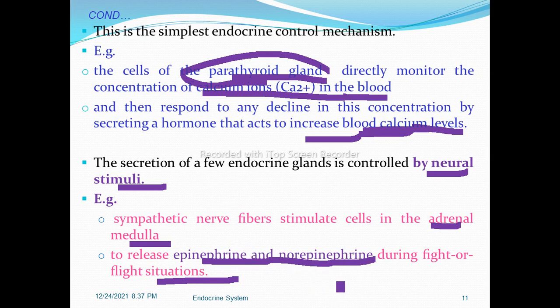During fight or flight, this stimulation happens in the adrenal medulla, and epinephrine is released, so the fight or flight reaction happens. So the activity of the adrenal medulla in relationship to sympathetic nerves is considered neural stimuli.